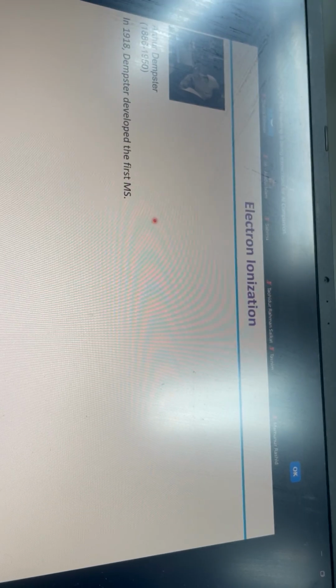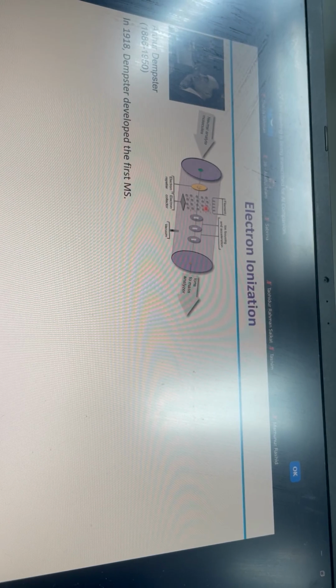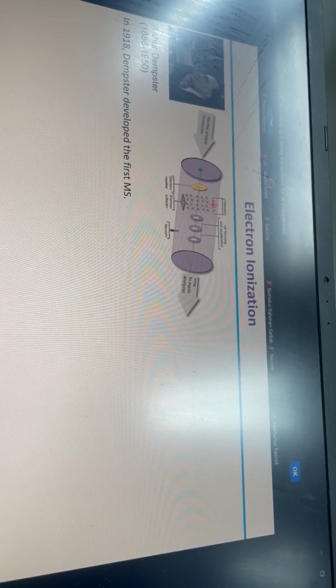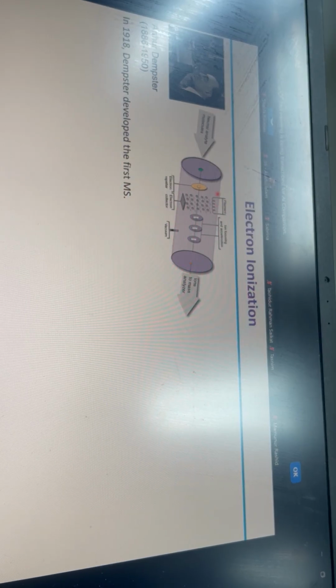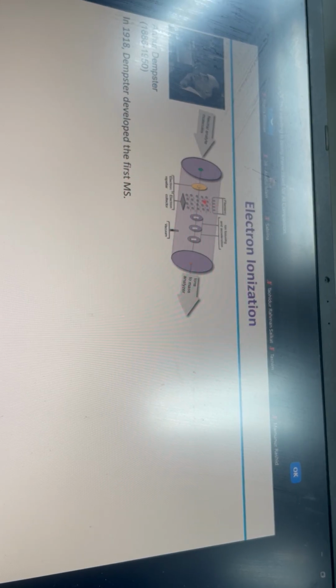So what he did, he took the filament bulb, like the cathode ray, coming from the bulb. As you know, when we light up the bulb, it actually generates cathode rays, meaning electrons, and then he introduced his sample there.